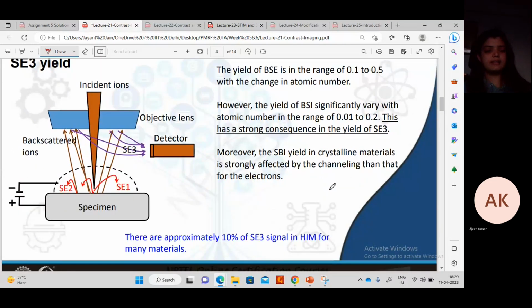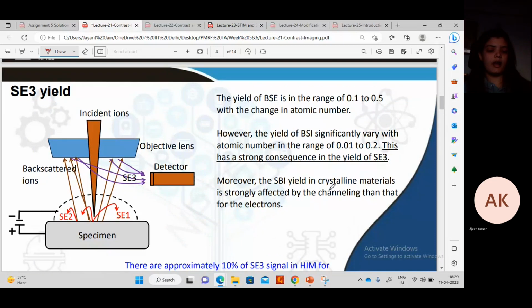Next, in SE3 also, as you know, how are SE3 produced? When backscattered electrons are produced, they go to the objective lens, and this further produces secondary electrons. So if the BSE itself is very low, then the SE3 yield will be very low. That is what he was trying to tell.